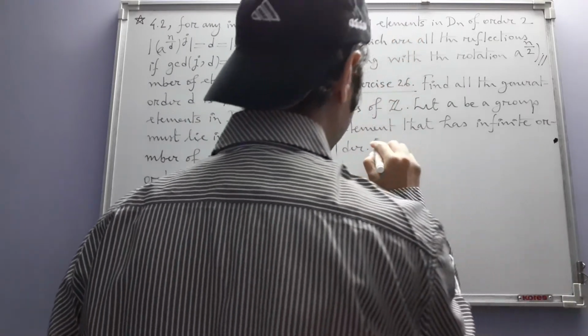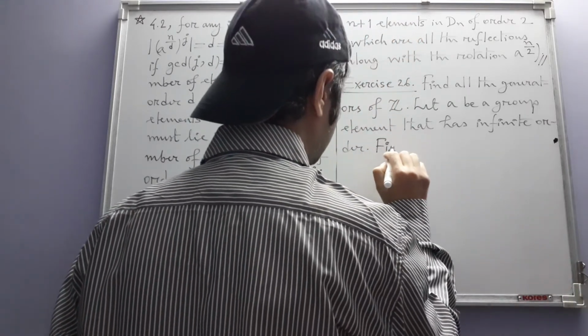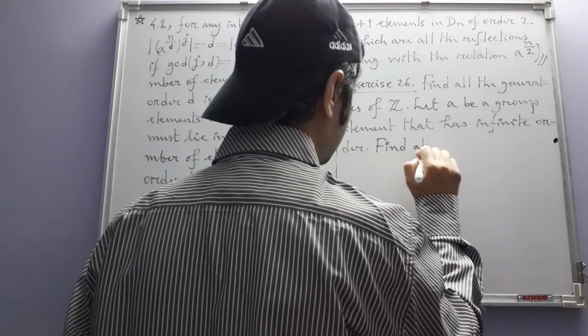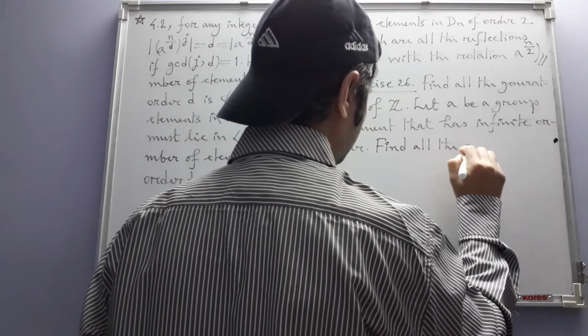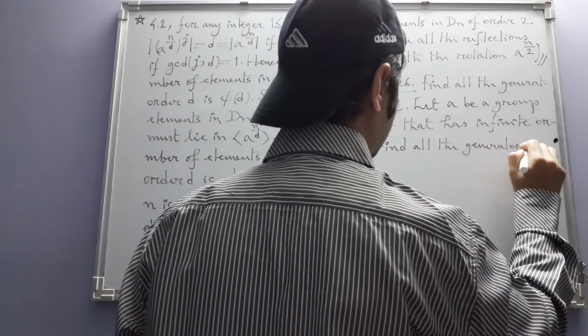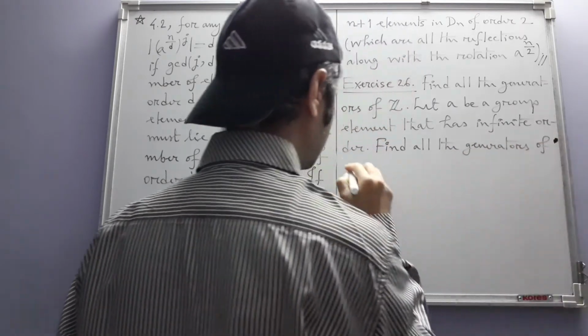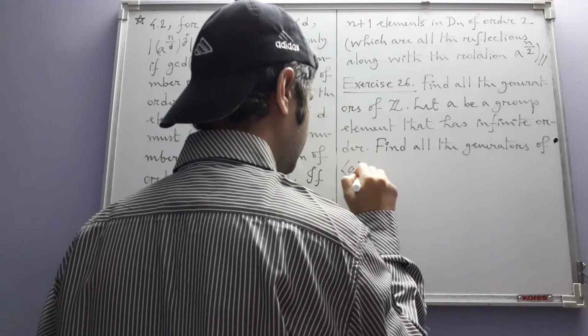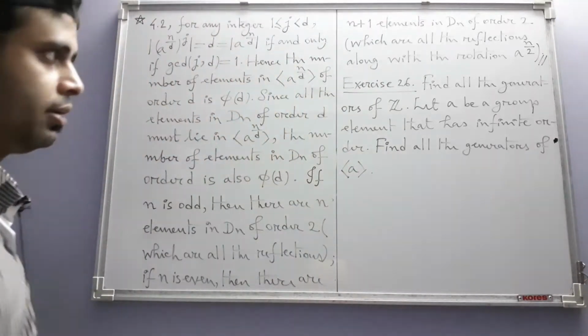Find all the generators of the cyclic group generated by A.